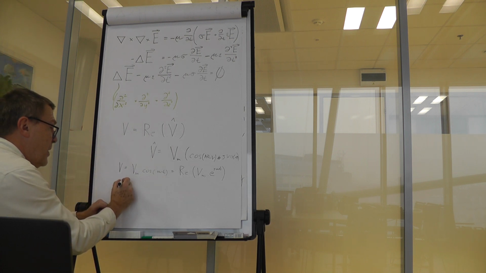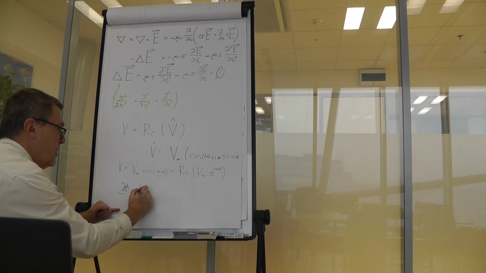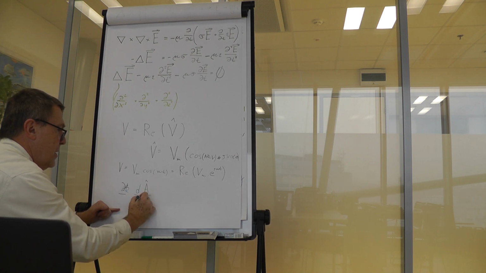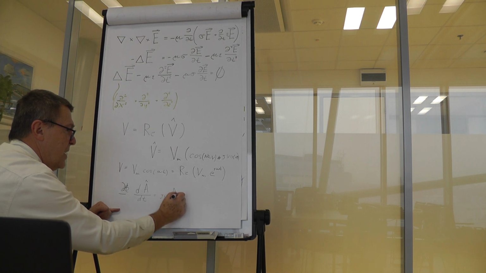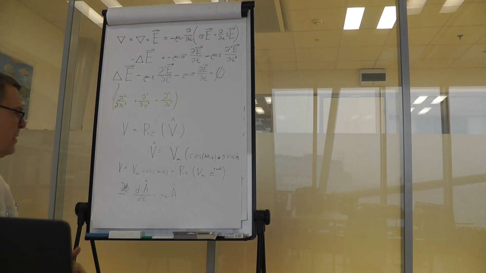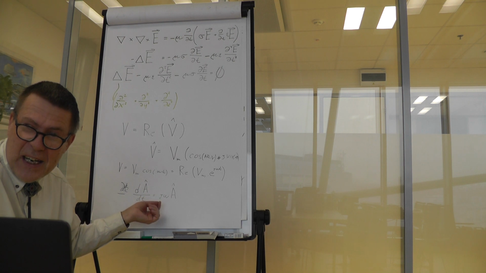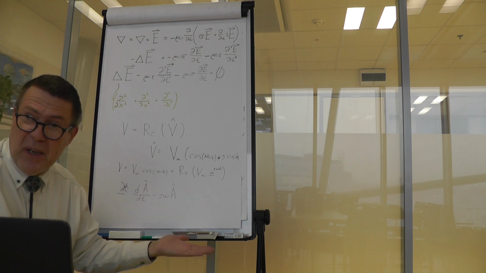So if we have a time derivative of a phasor A is j omega the original phasor A. If we had to integrate it against time, we would have the original phasor divided by j omega.